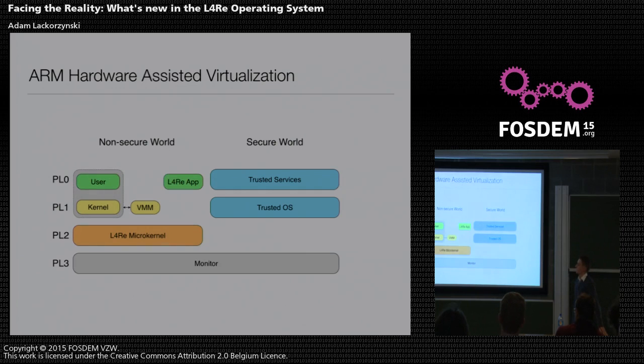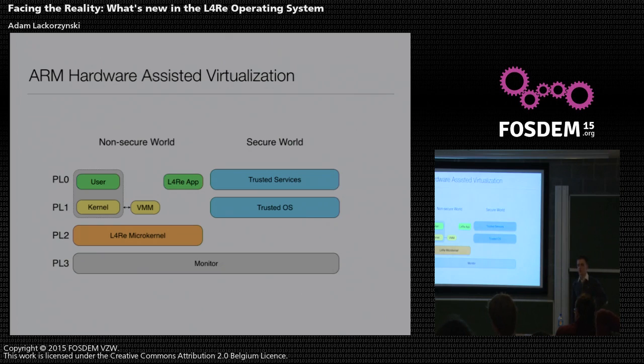In L4Re, or on top of our kernel, the picture looks like this. We have the L4Re microkernel running in HYP mode in PL2. Then we have a small virtual machine monitor which runs in PL1, and it switches to the virtual machine, which is this dotted gray box here on the left.